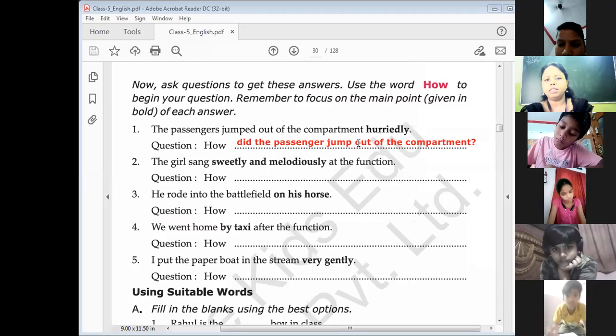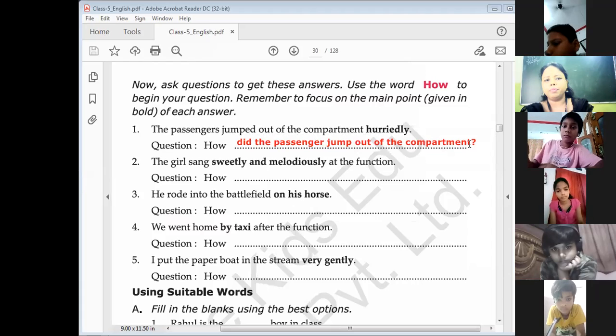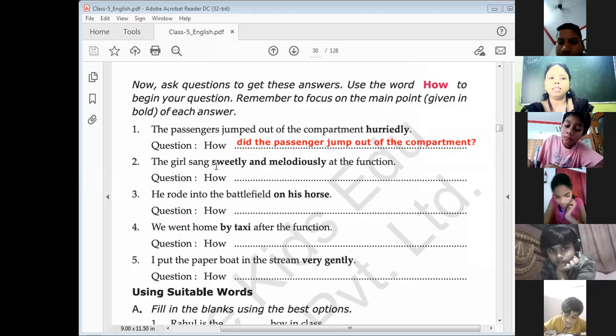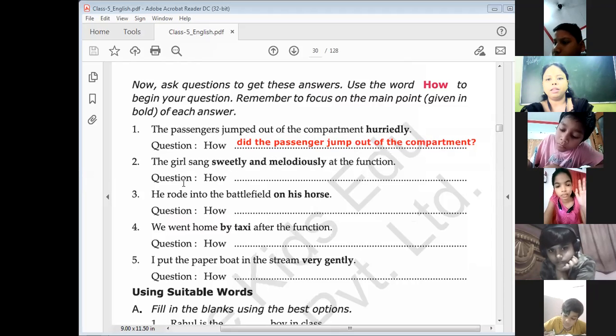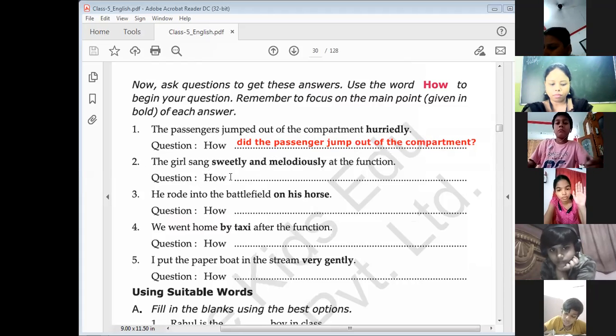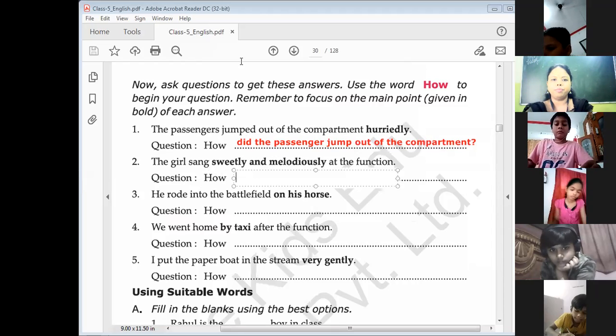How did the passenger jump out of the compartment? Answer is the passenger jumped out of the compartment hurriedly. Next, the girl sang sweetly and melodiously at the function. And the question coming from this sentence would be: how did the girl sing at the function?